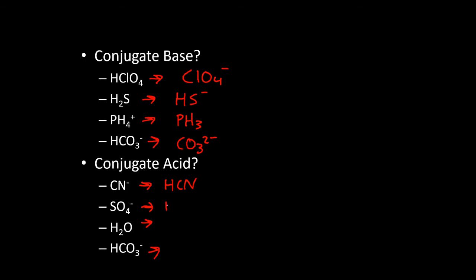This one is going to be HSO4. And actually there's a typo there. That should have been 2 minus. Sorry about that. So that should have been SO4 2 minus. So this one would then be HSO4 minus. This one, H3O plus. And this one, H2CO3.